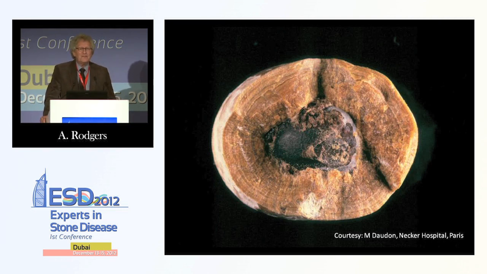Clearly, there are different pathogenetic factors involved in these two stones that would be of importance to the clinician. So stone analysis that respects the structure of the stone, in other words, as shown here, cleaves the stone in half and looks at different sections of the stone, would be very important.